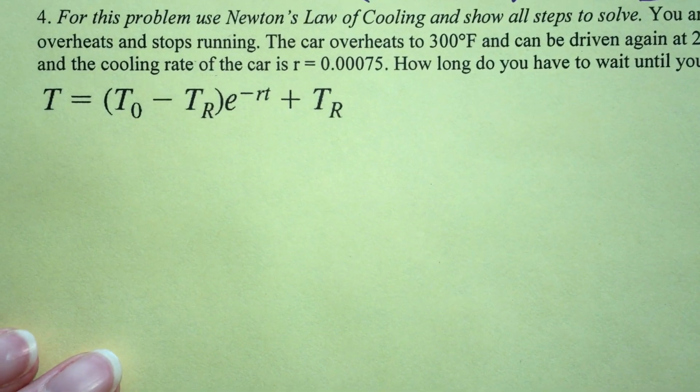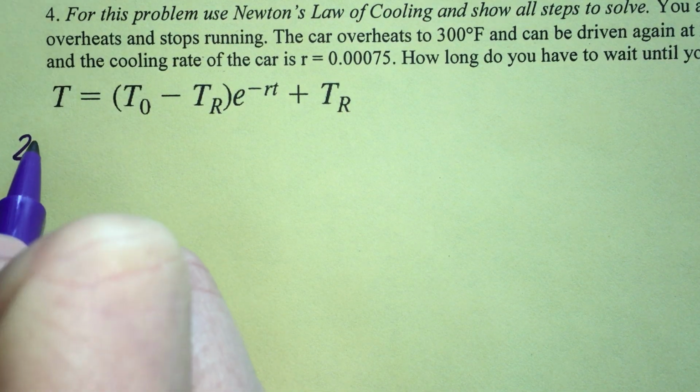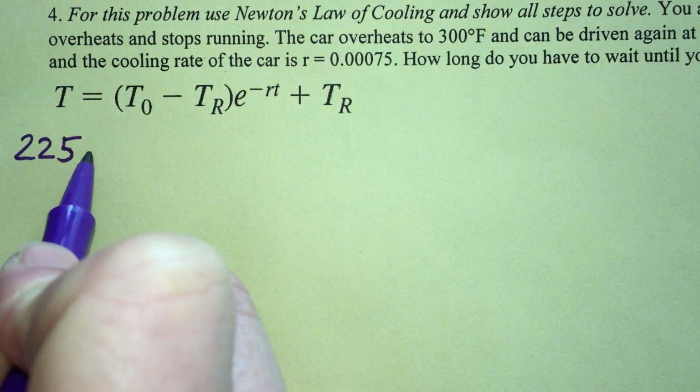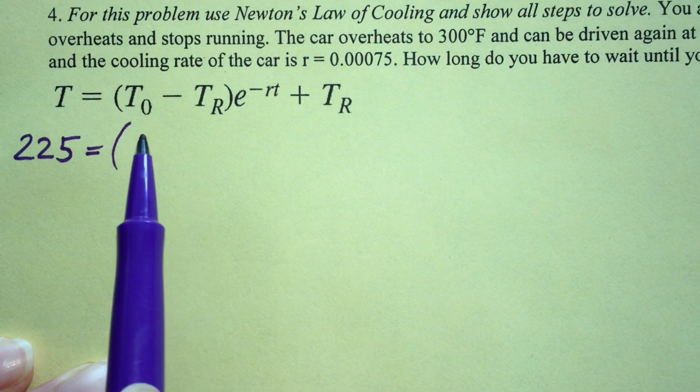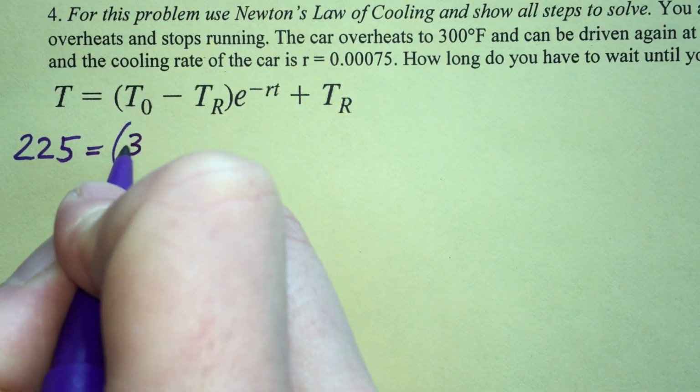You need to know how to plug things into the equation. The T over here is the temperature you want the car to be. It says it can be driven again at 225. T sub 0 is the original temperature of the car, and it overheated to 300.